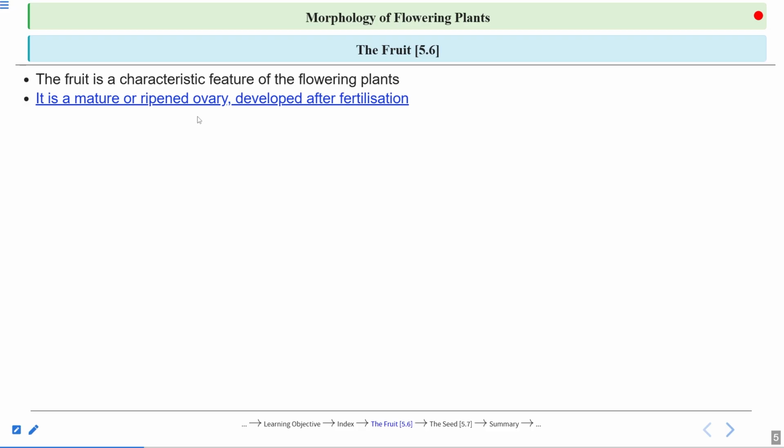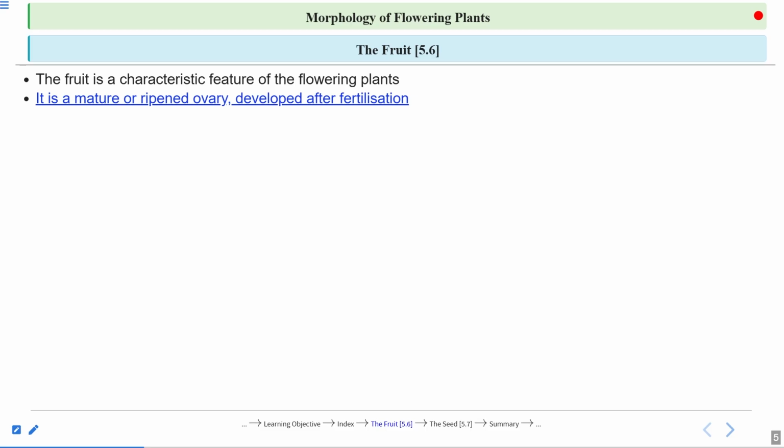How does it become so? After fertilization, in the case of angiosperms, the ovary becomes the storing organ of food. The extra food material that the plant synthesizes is transported to the fruit, and there you see the swelling of the ovary, an increase in the size of the ovary.